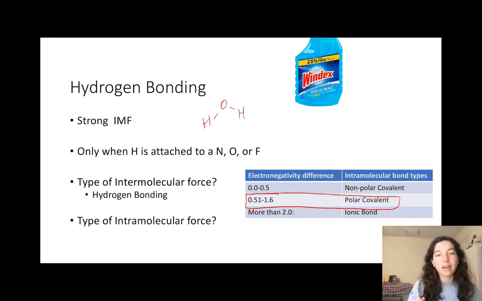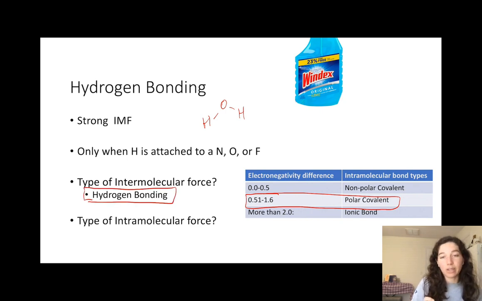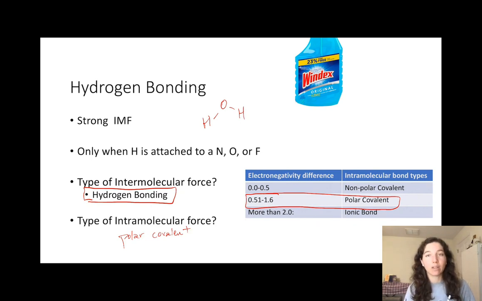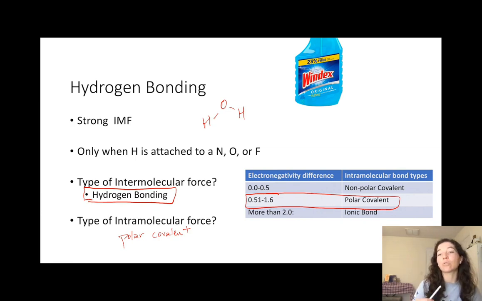Molecules that have hydrogen bonding, that's their type of intermolecular force, but the type of intramolecular force that they exhibit is polar covalent. So we determine our intermolecular forces based on our intramolecular forces, is what I'm trying to show you here. In order to determine intermolecular forces, you really need to also know the intramolecular forces.